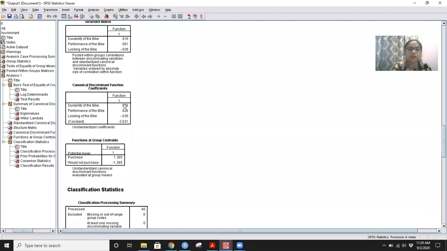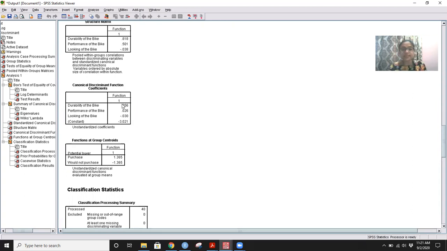So these unstandardized discriminant function coefficients are nothing but the betas in your multiple regression. These are the betas which you get just by employing regression. But the standardized ones were standardized using the variance, so they were put on a common footing. These are unstandardized, these are raw.